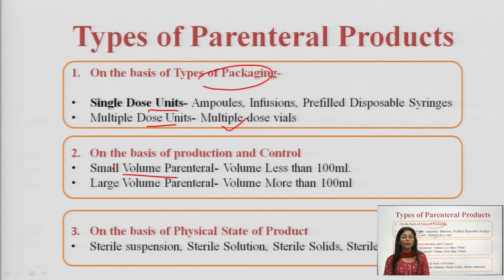Whereas when you have a parenteral product that has more than 100 ml, it is considered as large volume parenteral product. On the basis of physical state of product, these products can be divided into sterile suspensions, sterile emulsions, sterile solutions, sterile solids, all these things that are going to be incorporated.